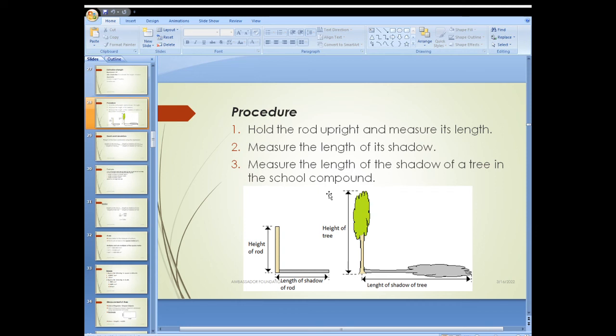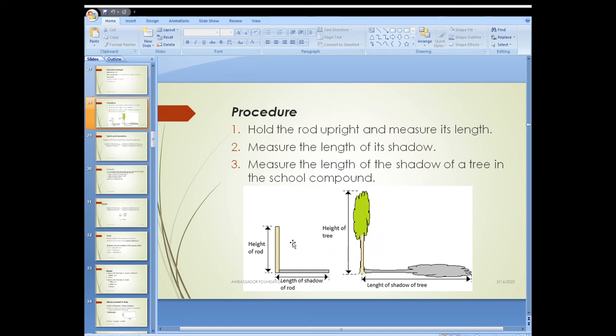So as you can see right here, we have the tree and it is a very tall one. Then it has its own shadow. Because the shadow is cast on the ground, we are able to get the length of the shadow, but we cannot get the length of the tree because the tree is very tall and we cannot climb up to the tip of the tree.